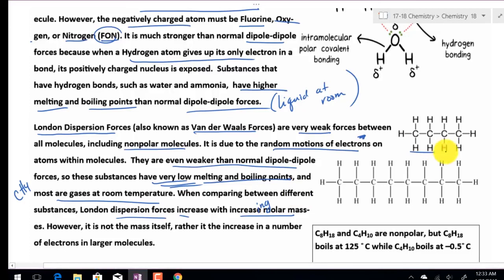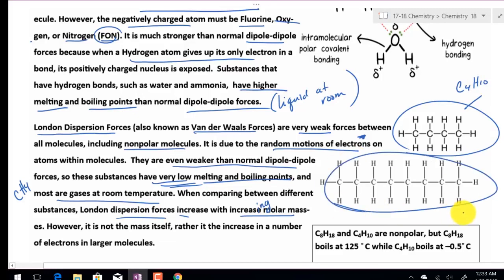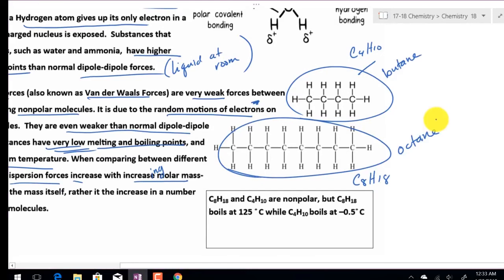For example here, we have these two molecules. This one right here is C4H10, okay? And then we have a larger molecule, C8H18. And because the intermolecular force is a lot larger, and if you notice the two molecules, this one is a lot larger. It has a lot more electrons, right?